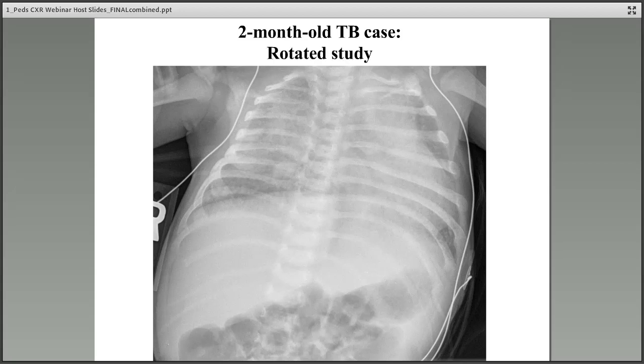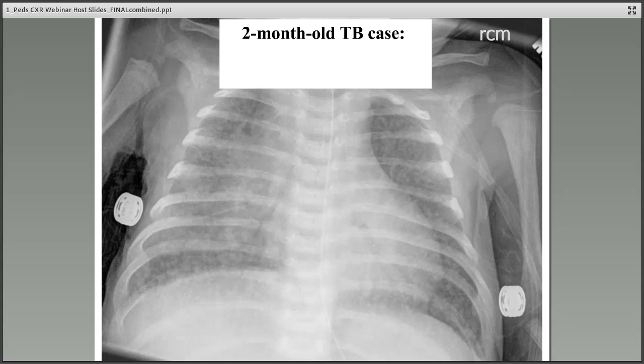When we repeat the study with better positioning, you can see that on the right side there is perihilar consolidation as well as a very full hilum on the right.